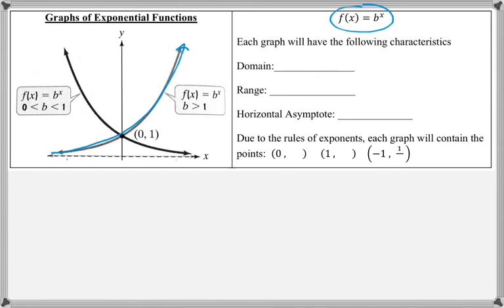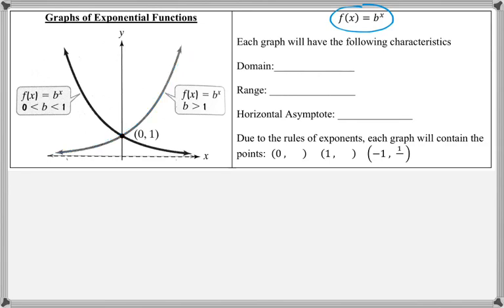And there's really not much variety there. So if it's 4, or if it's 6, or if it's 2, as long as it's bigger than 1, it's basically going to just look like that. It may be a little bit steeper, but the shape is basically the same. So there's really not too much variety within exponential functions.